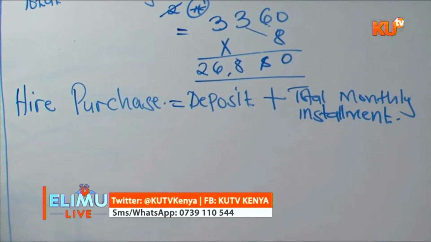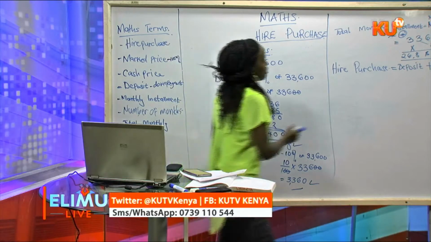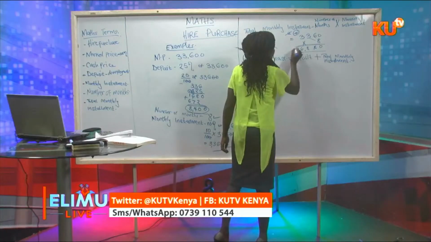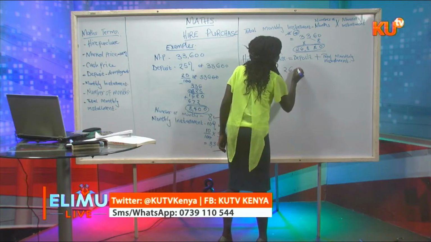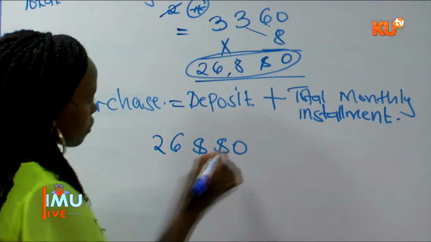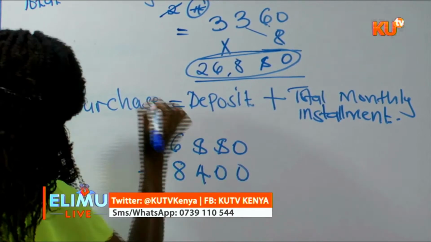So the deposit is here. It was 8,400, and then you have our total monthly installment, which is 26,880. So 26,880 you add to 8,400.